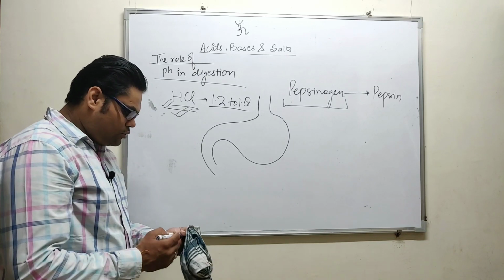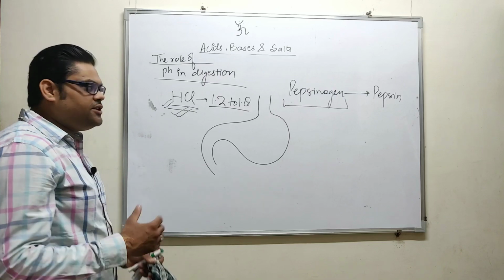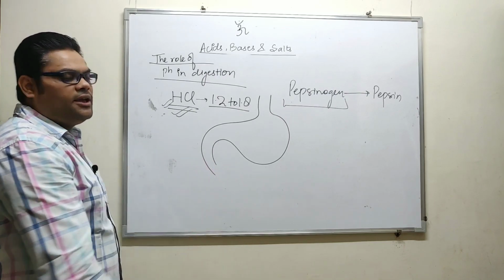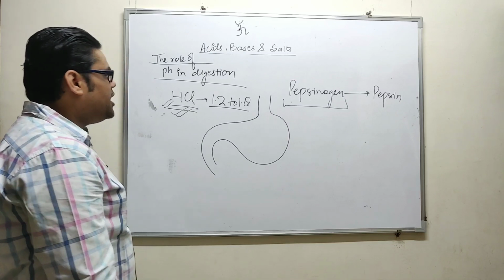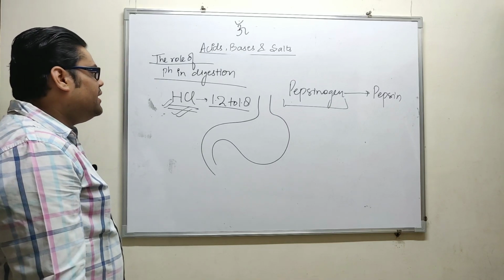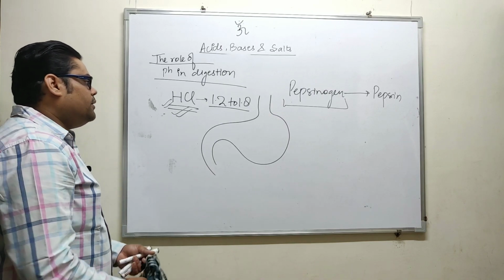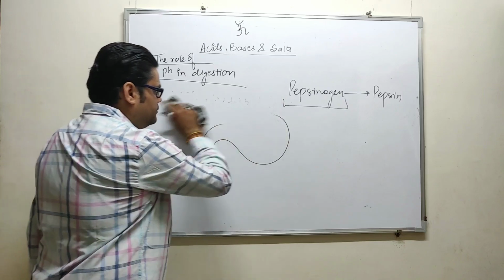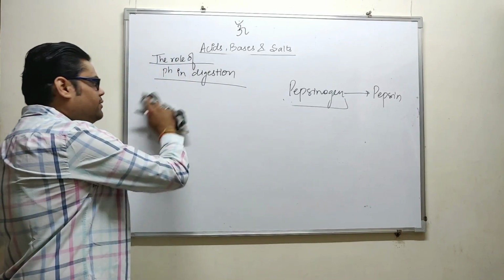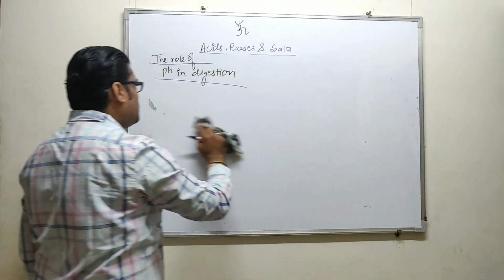Okay, so this is the role of pH in digestion, how it helps to digest the food. It helps to convert the inactive enzyme into active, it also cleans the pathway, and acts as an antimicrobial substance. And it also helps to break the bonds in different biomolecules like carbohydrates, proteins and all.